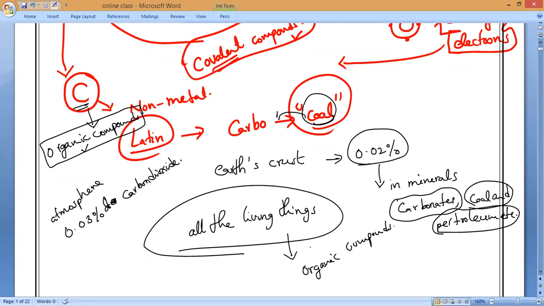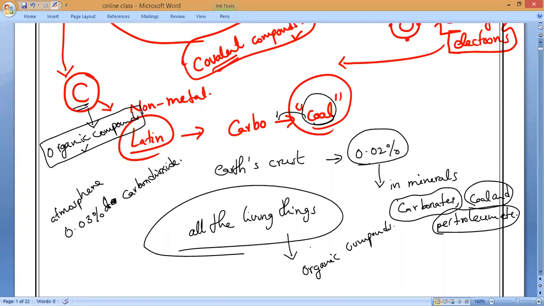That is why it is a very, very typical non-metal. Even though its percentage is extremely small, we cannot define its importance in our daily life. It has huge importance in everybody's life, immense importance, an extreme part of our life.